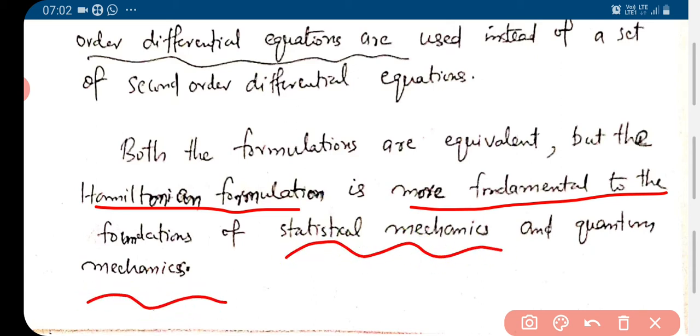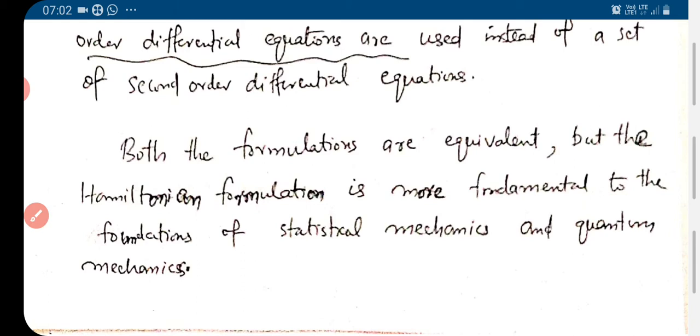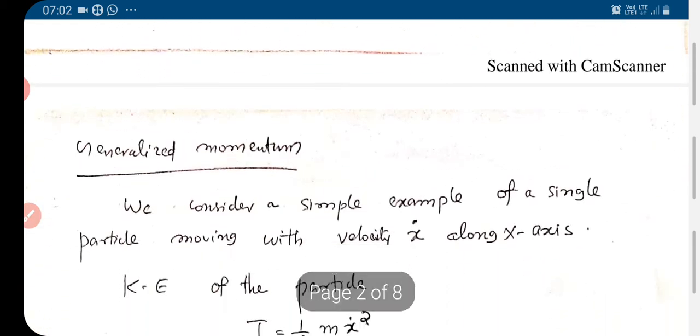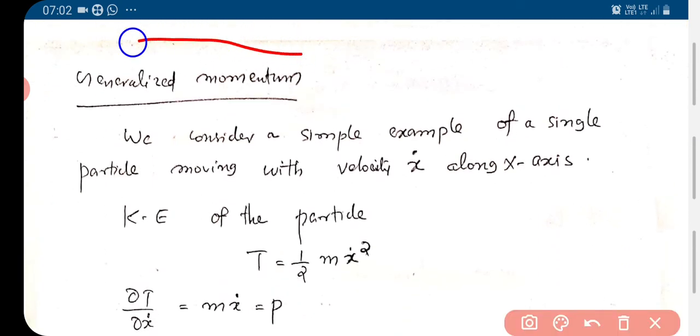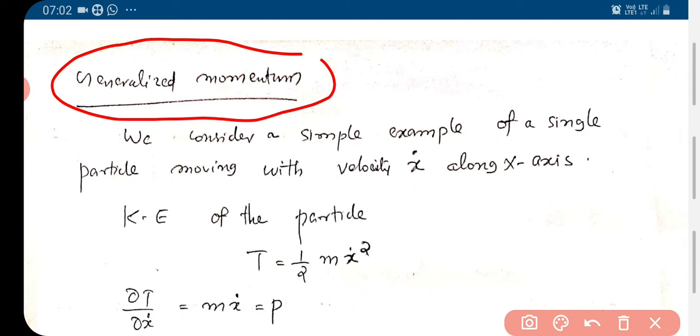So basically the Hamiltonian formulation is an alternative formulation of the Lagrangian formulation. Now let's see what is generalized momentum. We will be using this term in the Hamiltonian formulation.